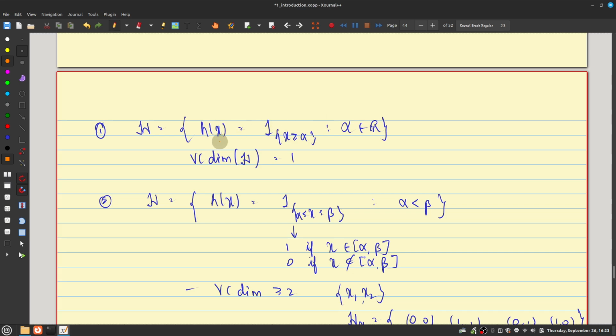So here X is a real number, right? So H is from R to {0, 1}.